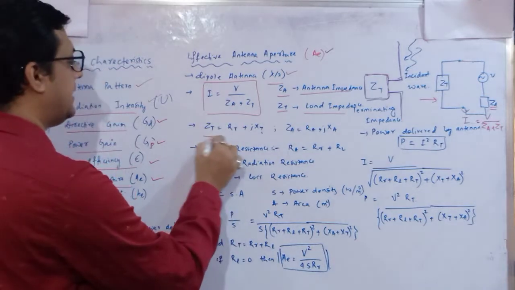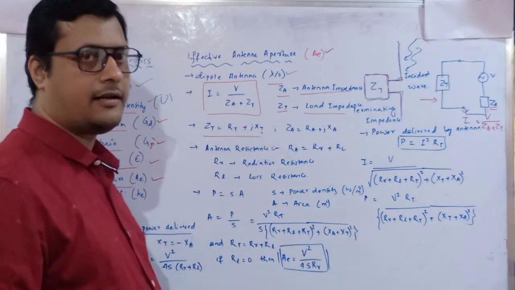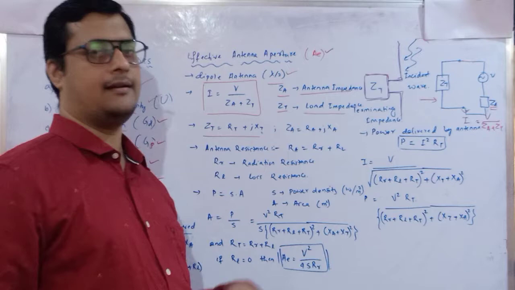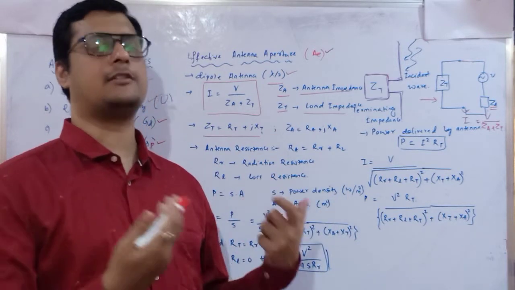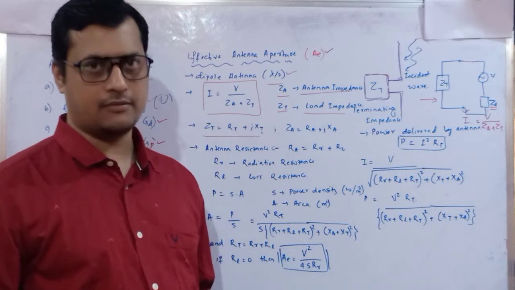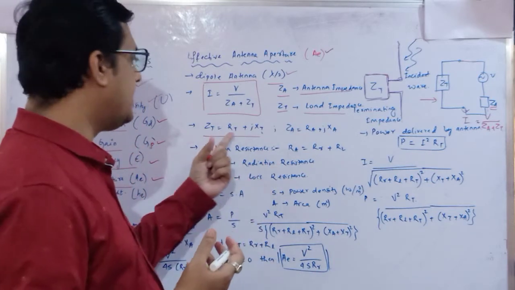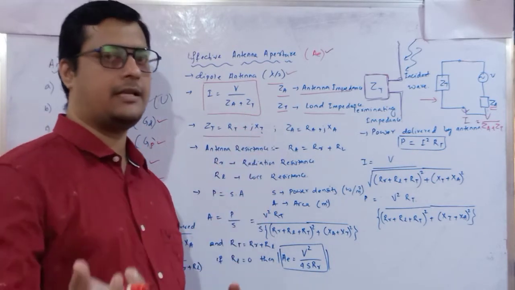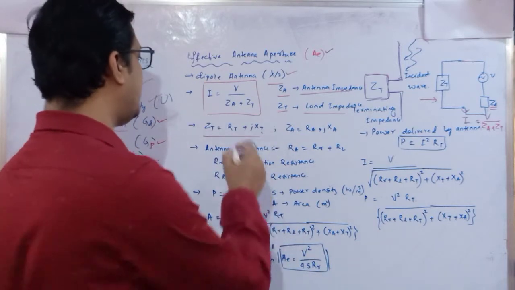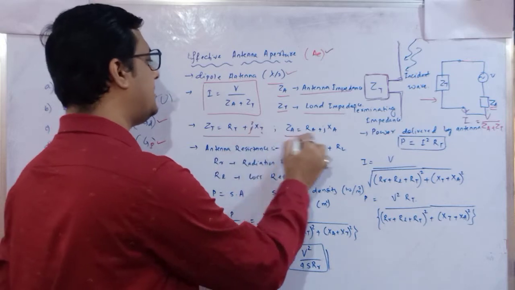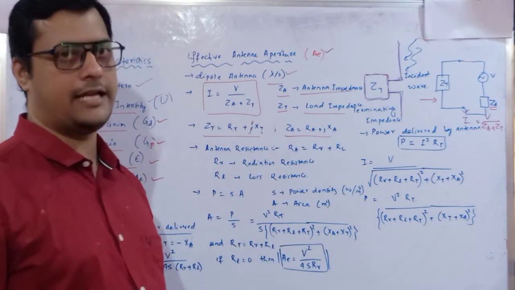Next, what is ZT? ZT can be written as RT plus jXT. We don't know whether it is a real value or a complex value, so I have considered it as complex. Impedance is a complex value. RT is the real value, and XT, if any capacitive or inductive values are there, then we can consider them. So it is RT plus jXT, and ZA is equal to RA plus jXA.